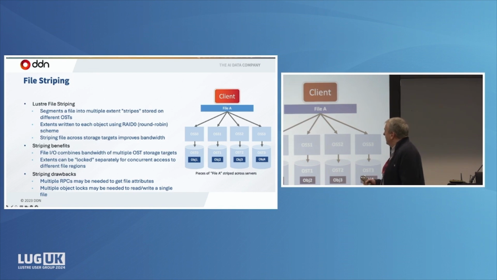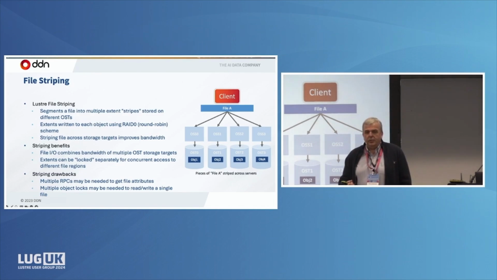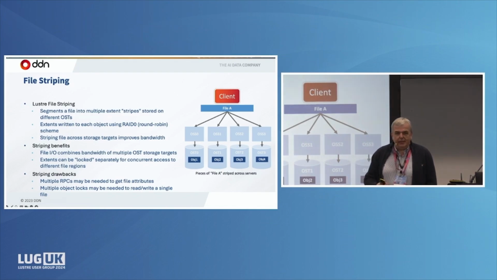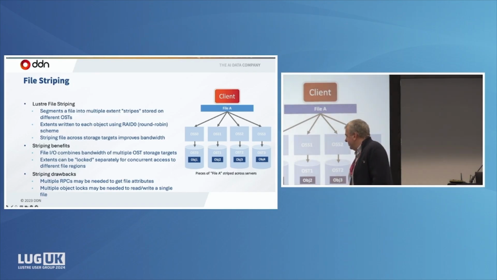In a basic way, this file can be segmented into smaller objects, and each object is called a stripe, and those stripes will rely on an OST. Now you have the ability to read and write many objects at the same time, and hence your Lustre is very fast in terms of reading and writing, because you've got this natural parallelism in this architecture.